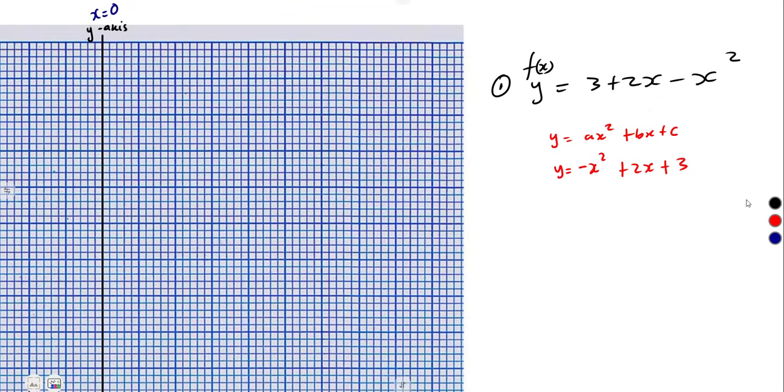So the coefficient of x squared is what is important. Remember, our a is for the shape. In this case, it is a negative value. The coefficient of x squared is -1. So our a is equal to -1, meaning we're talking about values less than 0, where our graph is going to be concave down.